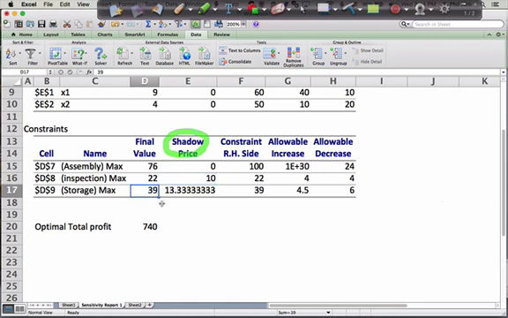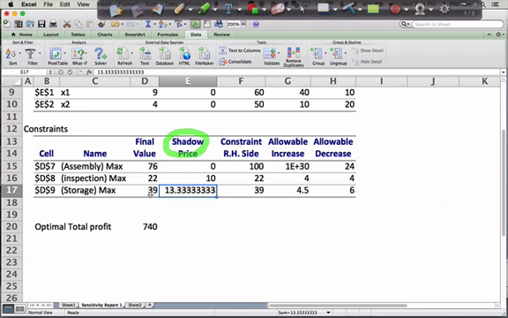For storage square feet, to increase 1 square foot of the storage area, I have to pay $10. Let's say I know I can get 13 more profit, so I would pay $10 for 1 more square foot of storage, right?